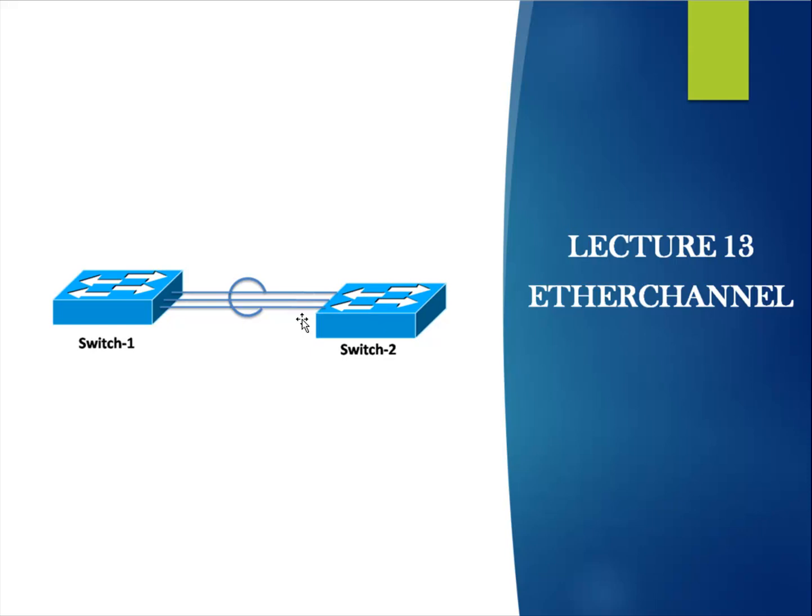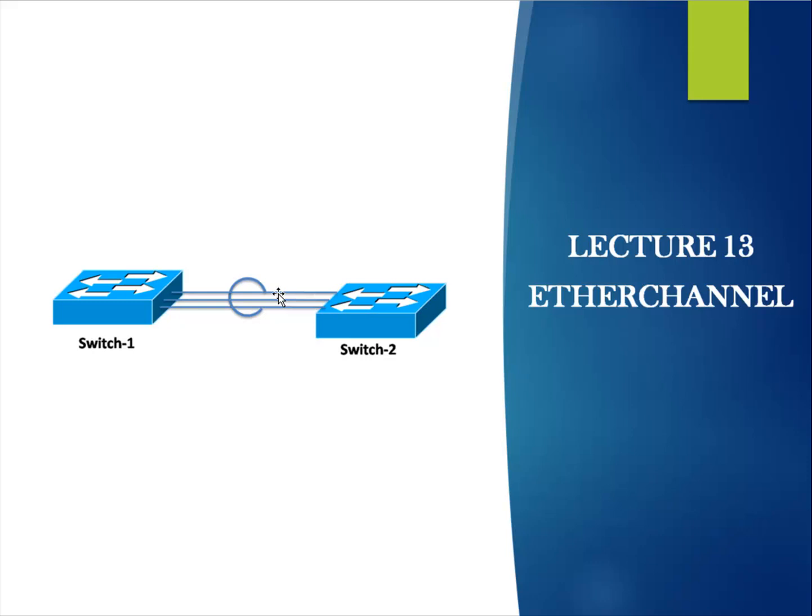In the Ether channel concept, we can merge all these links together and consider them as a single link logically, and we have to inform this to the spanning tree protocol. If you inform it, automatically the spanning tree protocol is not going to block these ports.